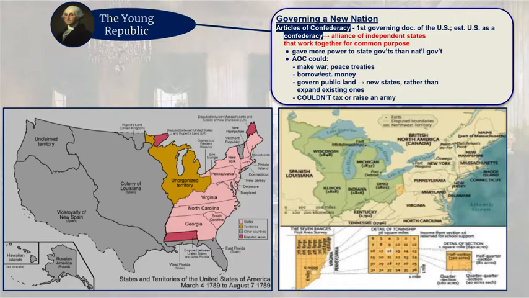The Articles of Confederation was mainly a legislative government and gave much more power to the state governments, which were mostly legislative governments, than to anything like a national government.